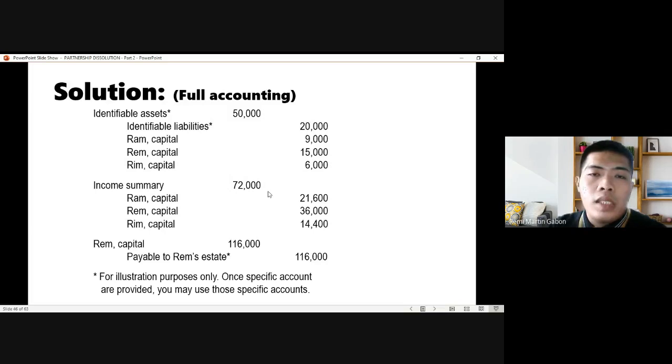Then distribute this one, credit to the capital accounts of the partners for the share in the net profit distribution: RAM, REM, and RIM, 21,600, 36,000, and 14,400 respectively. Then to reclassify the capital account of REM to a payable account, debit REM capital 116,000 and credit payable to REM's estate 116,000.